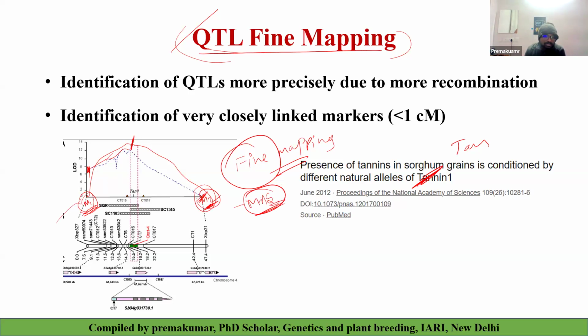But it is this much distance from this particular gene. There may be a chance of recombination and your selection may go wrong. For higher reliability of the selection, we need a tightly linked marker.